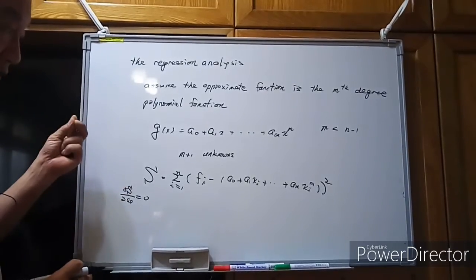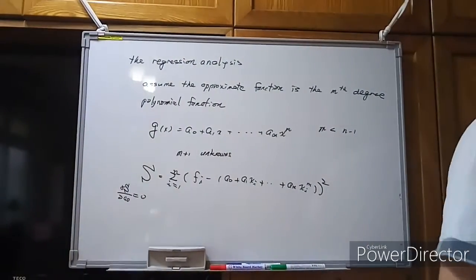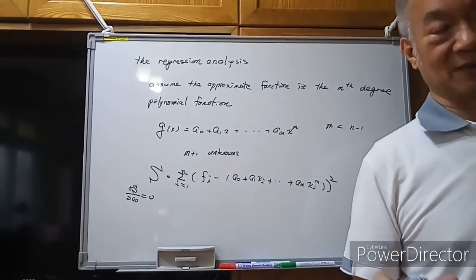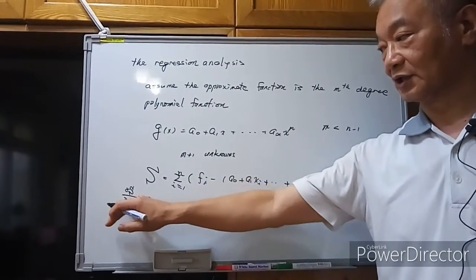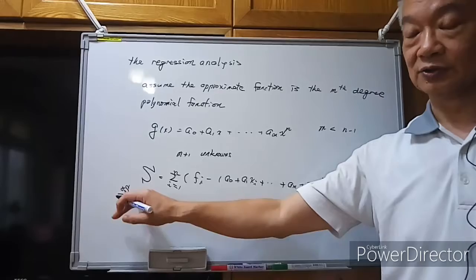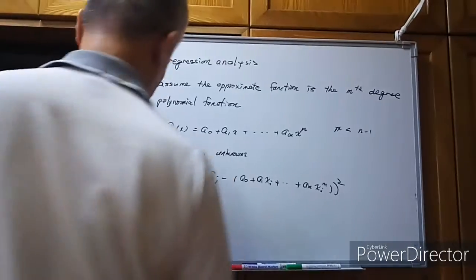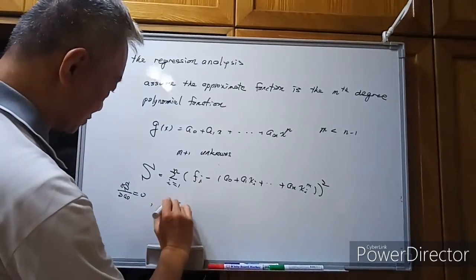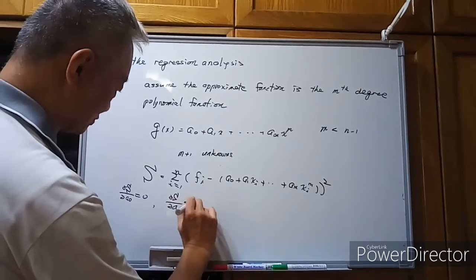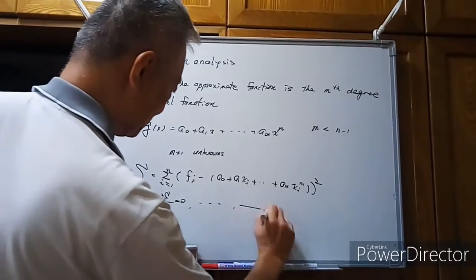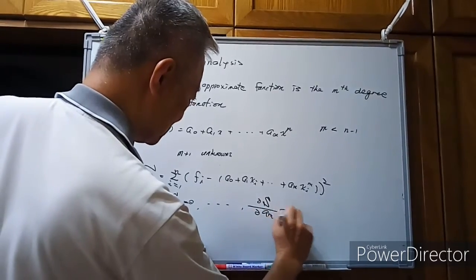But if we would like to get a true minimum, not only a local minimum, then we need to calculate not only the first unknown, where the partial derivative should be equal to zero. We also need to check the second equation, partial capital S over partial A1 equal to 0, until the last one, partial capital S over partial An equal to 0.